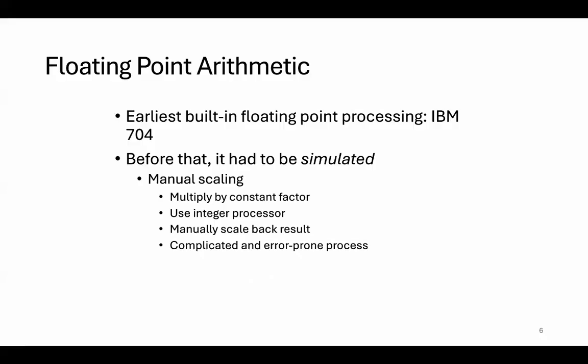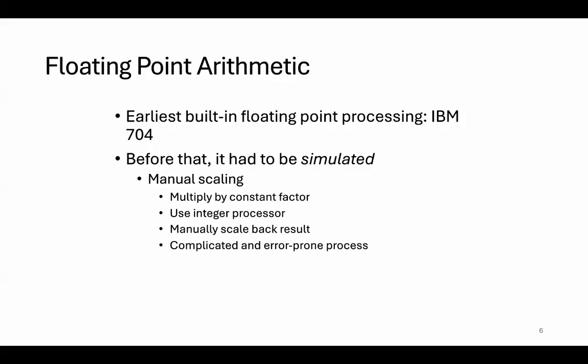Other issues that was common at that time as well is floating point arithmetics. So floating point arithmetics was actually not there in the hardware. It was first introduced in the IBM 704, but before that time, it had to be simulated. The hardware itself did not support floating point arithmetics.